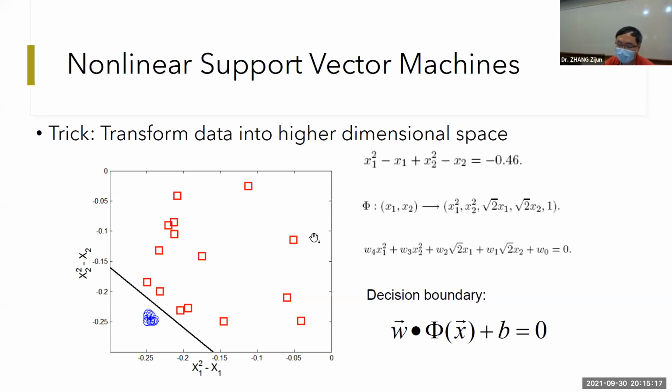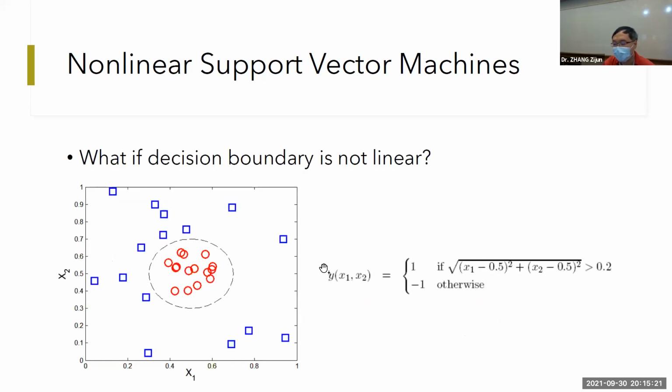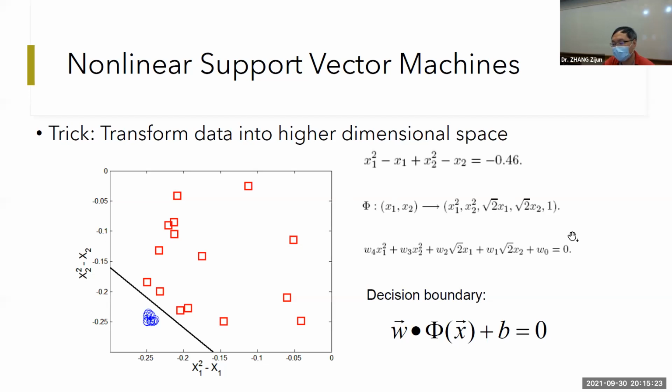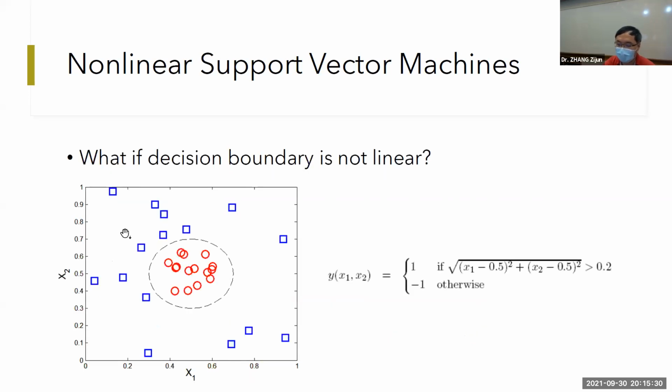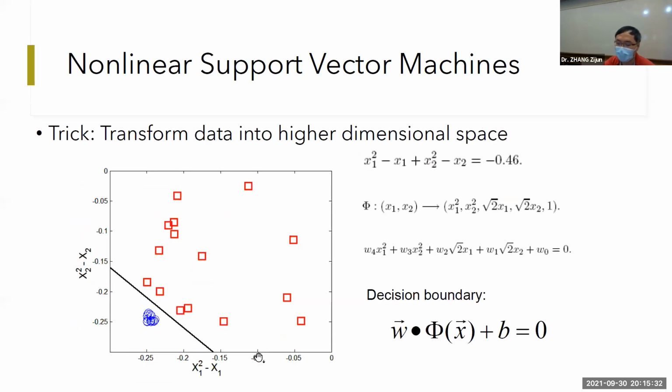Okay. So for this case, if we consider a kernel like this, it will naturally project the X from its original space to a hyperplane. This X axis means a value x1 squared minus x1.